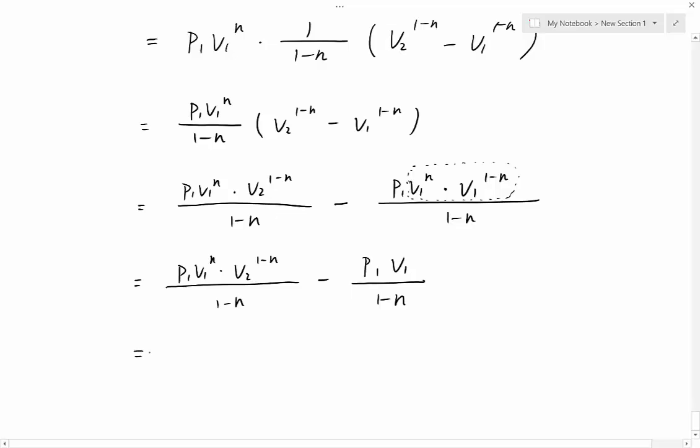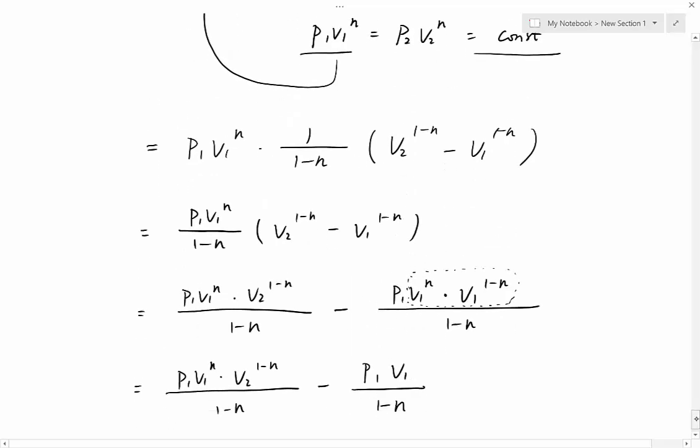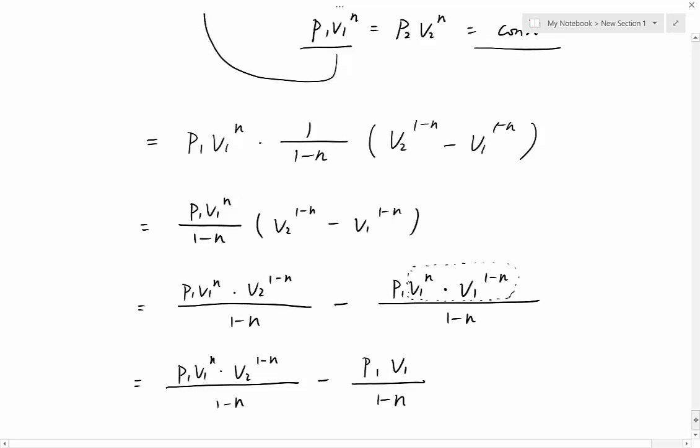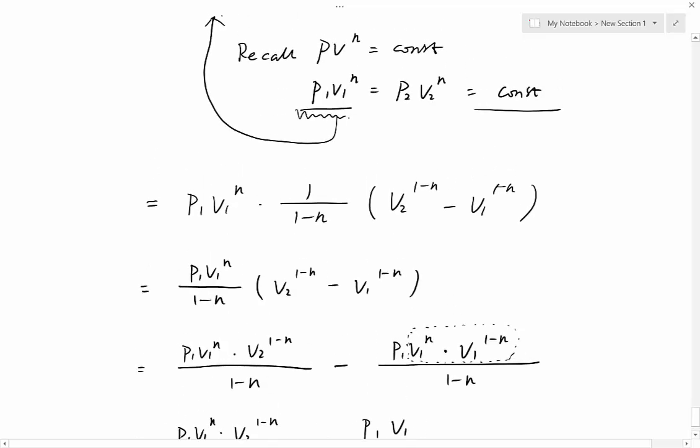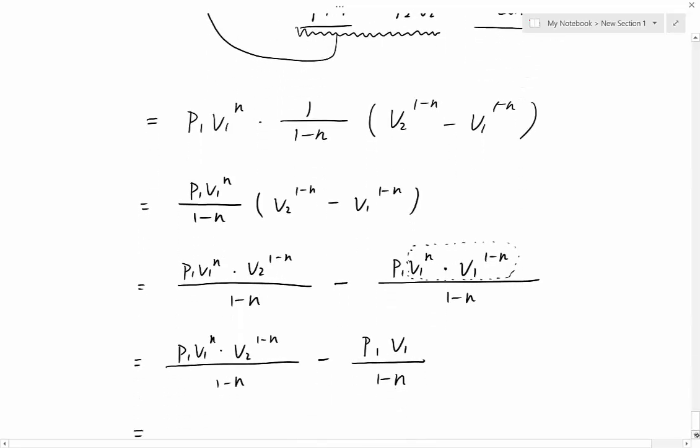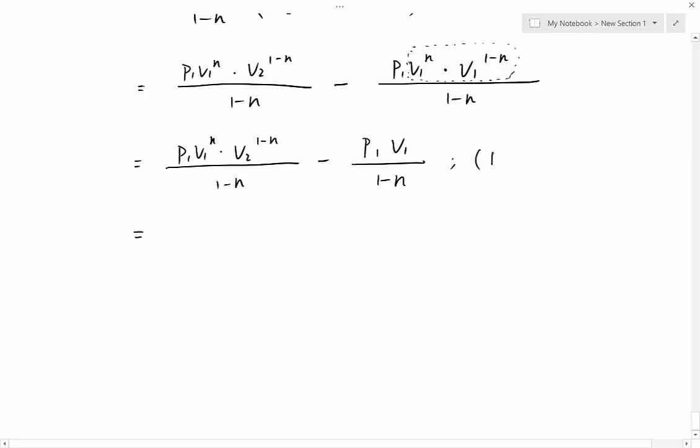Okay, so now let's continue. Can I do something about the first term? P1V1^n times V2 with the index of 1 minus n. Can I do something similar? Let's recall what we have right here. P1V1^n is equal to P2V2^n. Recall P1V1^n is equal to P2V2^n.